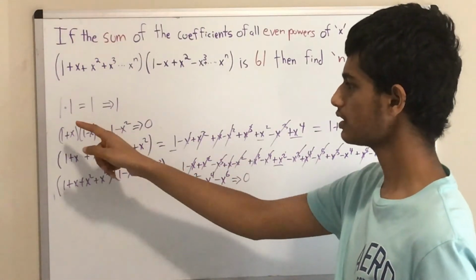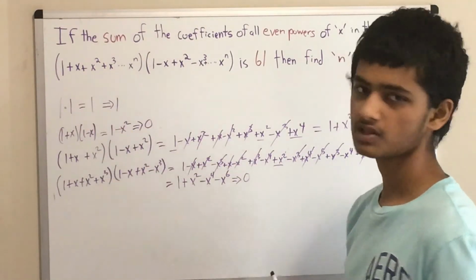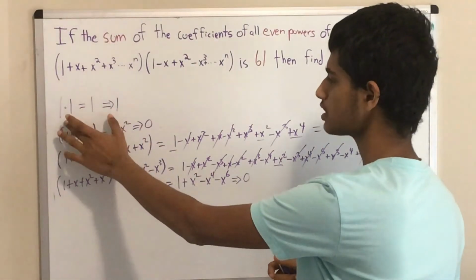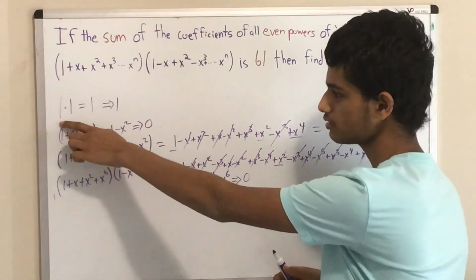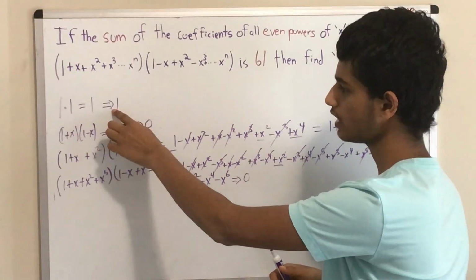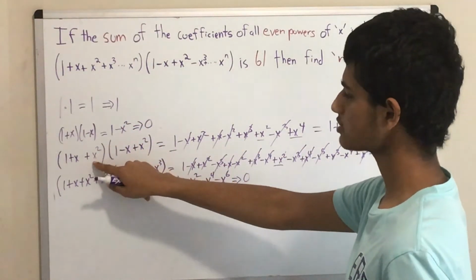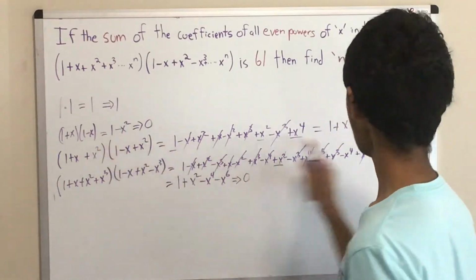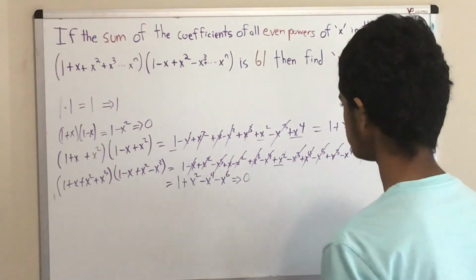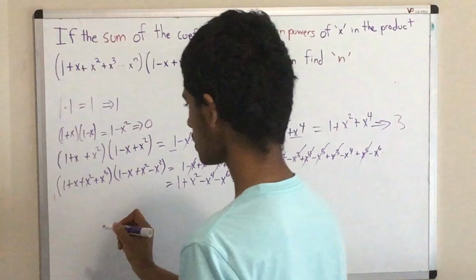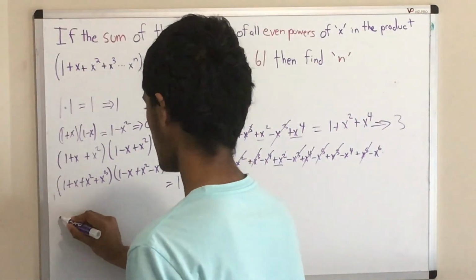But when the power is even, the answer is the maximum degree plus 1. As you see here, the degree is 0 but we get 1, and over here the maximum exponent is 2 but the answer is 3, so it's 2 + 1. Now let's try one more example to see what actually happens.